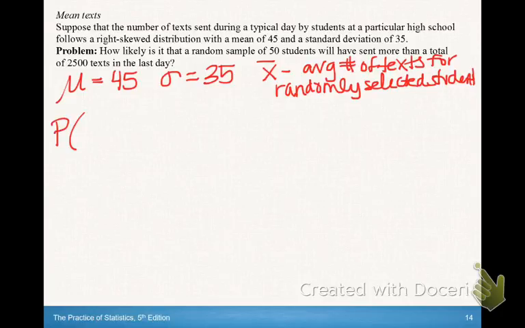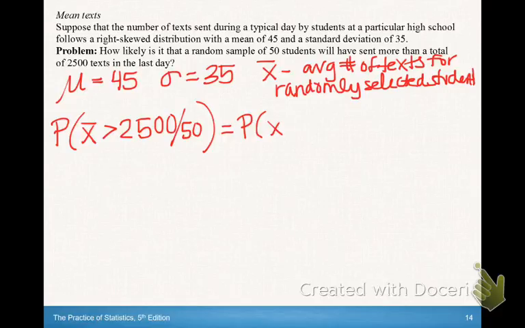So what's the probability that x bar is greater than 2,500 divided by 50? Because we have 50 total people in the sample, that actually works out to 50 texts per person. So we're really trying to find out the probability that x bar is greater than 50 for each person.